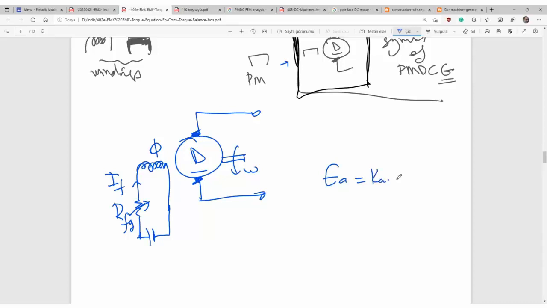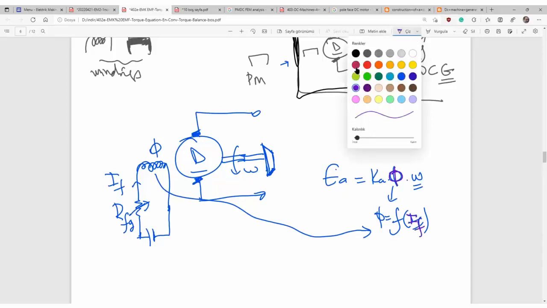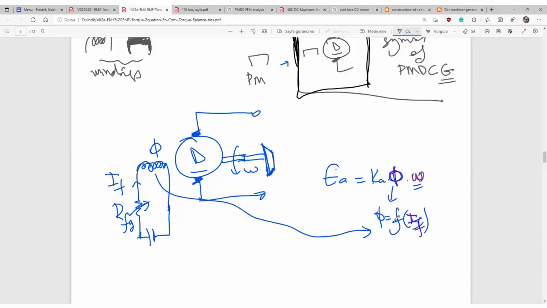Now, ladies and gentlemen, flux will be a function of field current due to the electromagnets here, and then speed will be supplied by a prime mover. It depends on the prime mover; here will be a gasoline engine or diesel engine, it doesn't matter. So EMF will depend on flux or field current and the speed of the shaft as well.